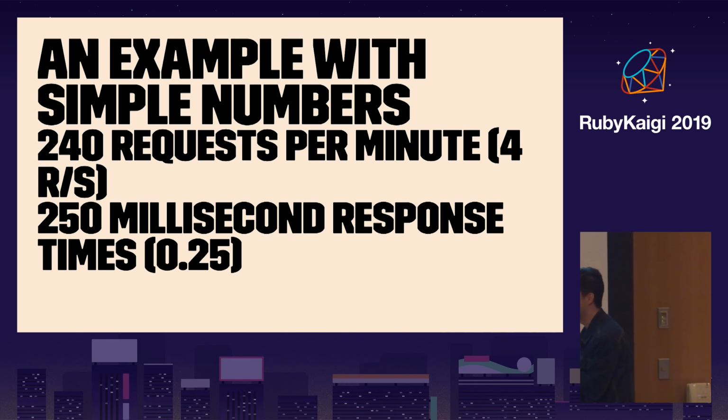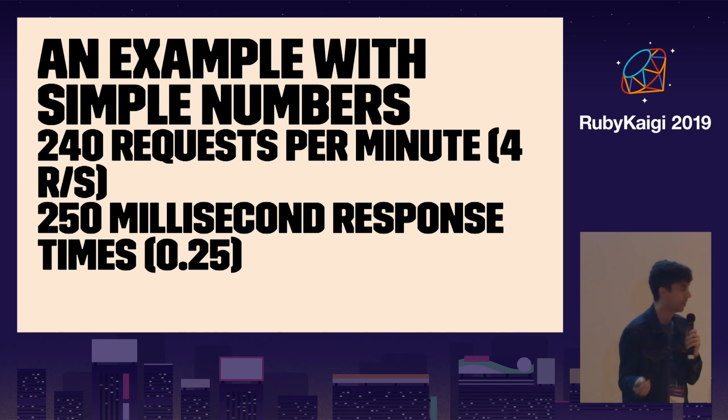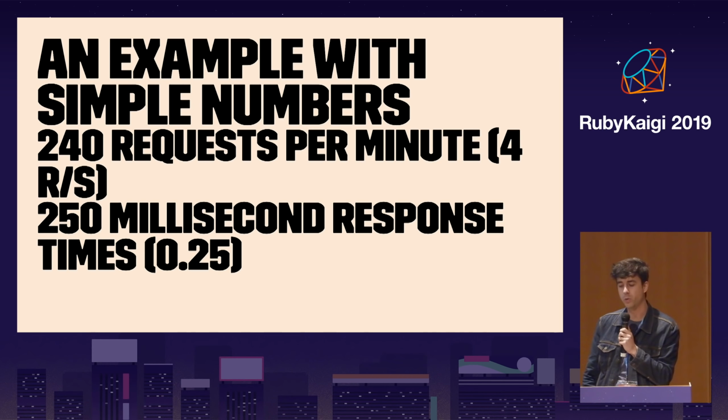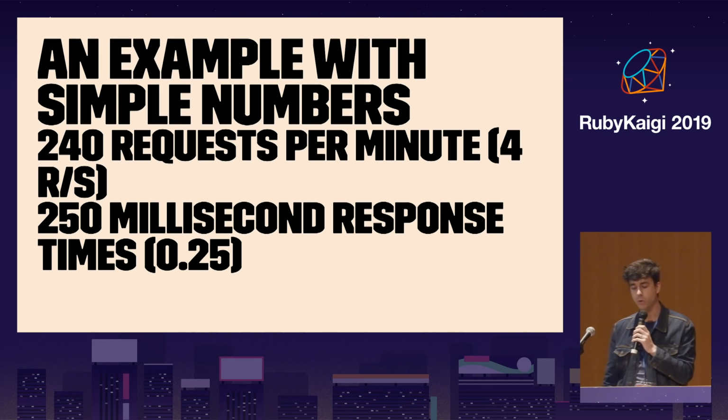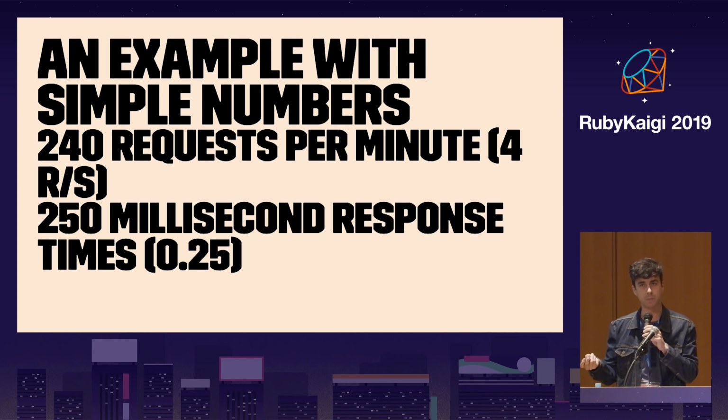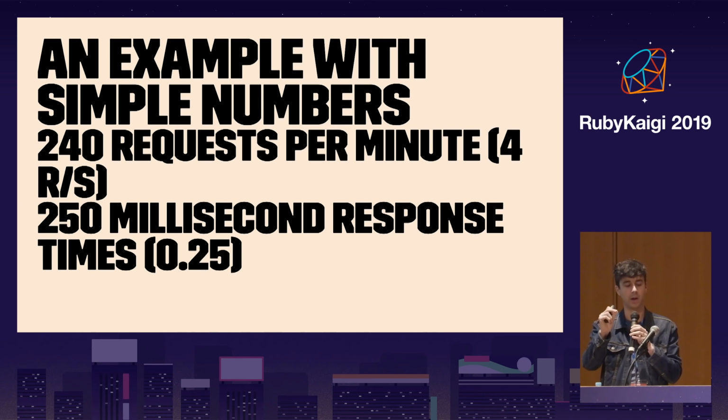All right, so then if we translate this to a web application. Let's say this web application has 240 requests per minute and 250 millisecond response times. I specifically said requests per minute and millisecond response times because that's the way most people talk about these numbers. But we need the units to cancel, okay? We need a number in requests. So we have to convert requests per minute to requests per second, and milliseconds to seconds.